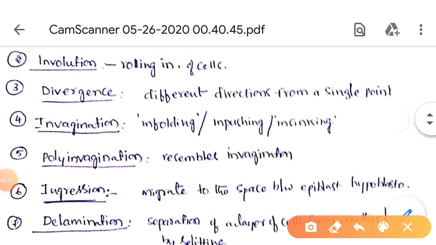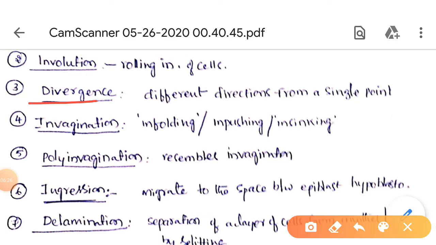The third one is divergence. Divergence is completely opposite to convergence, meaning the cells move in different directions from a single point. A good example is the migration of involuted cells from the blastopore or primitive streak to the interior of the embryo.